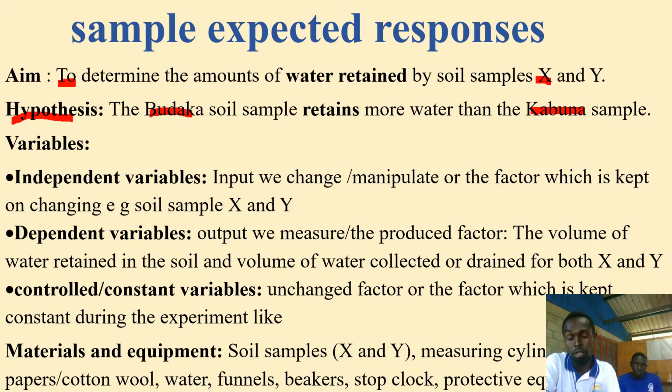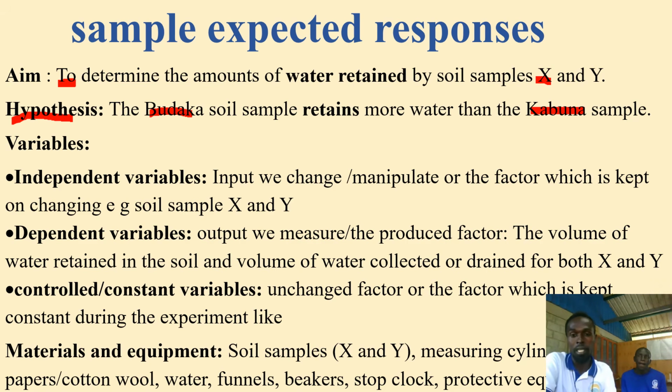By common sense, you don't need to go to Budaka, by the way. By common sense, you can get the hypothesis. Read the scenario very well and generate the hypothesis. Budaka soil samples retain more water. Why are you saying that? Why are you making that statement?